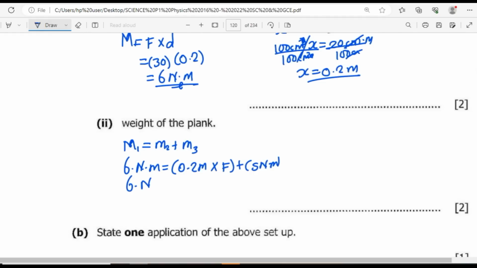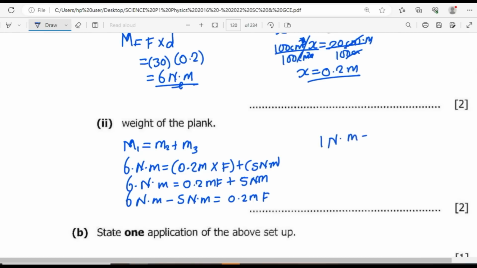So 6 Newton meters equals 0.2 meters F plus 5 Newton meters. We collect the like terms, so this gives us 6 Newton meters minus 5 Newton meters, which is equivalent to 0.2 meter F. So 6 minus 5 gives us 1 Newton meter equal to 0.2 meter F. So we divide by 0.2, also here by 0.2.